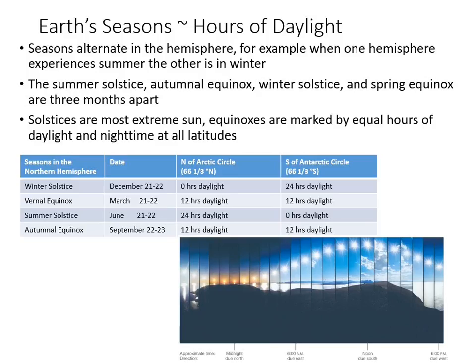But since they are north of 66.5 degrees latitude, which is kind of a dotted line on here, there are times when the sun never sets, and that's what this figure is showing you. Where is the sun throughout the course of a day? It never set.